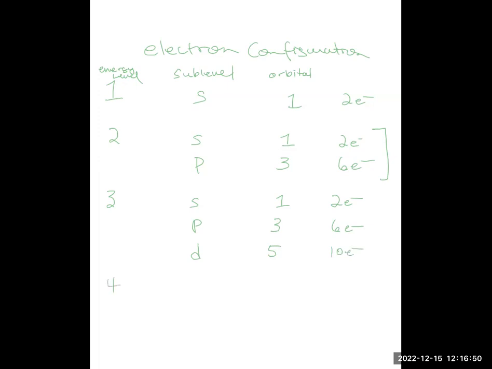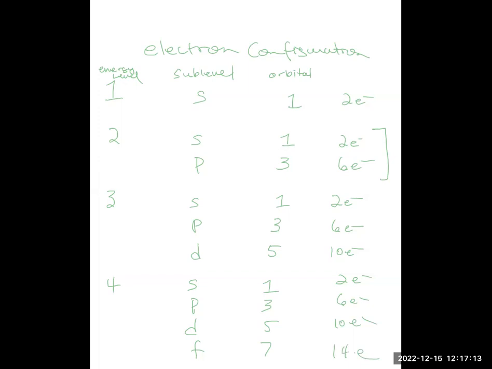And then we come to the next energy level, and all the energy levels after this are kind of the same: an S, a P, a D, and an F. S is still 1 orbital, 3, 5, and you can guess F is 7. 2 electrons, 6 electrons, 10 electrons, 14 electrons.